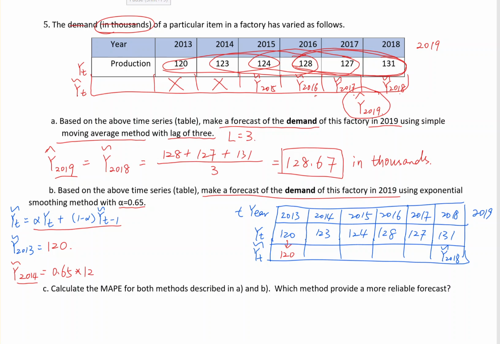So it will be 123 plus 1 minus alpha, which is 0.35, times the previous estimated value, t minus 1, which is 2013. So it will be 120. After you calculate this, you will get 121.95.